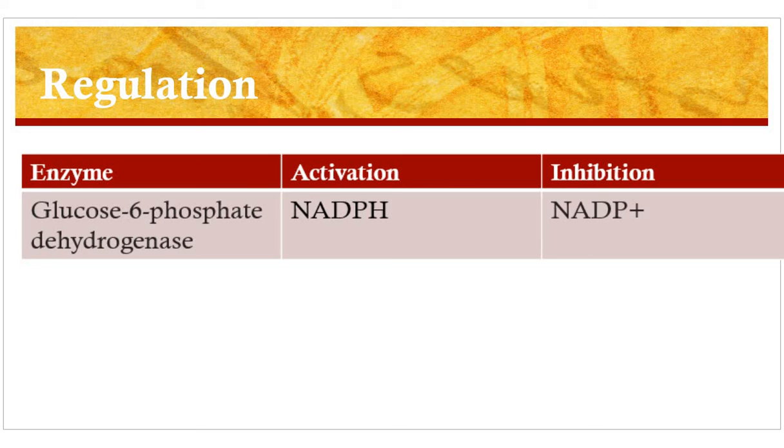Accumulation of these results in the hemolysis of RBC, which results in hemolytic anemia. So if there is glucose 6-phosphate dehydrogenase deficiency in our body, it results in hemolytic anemia.